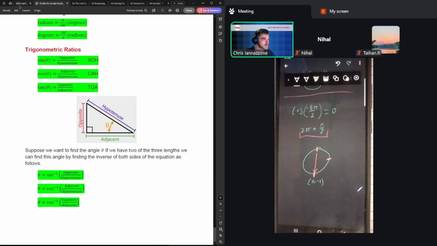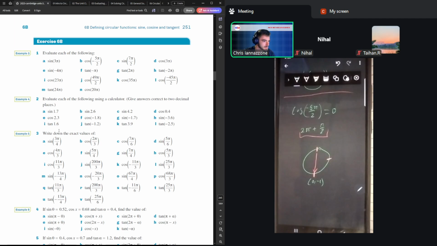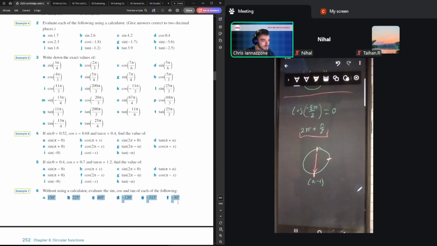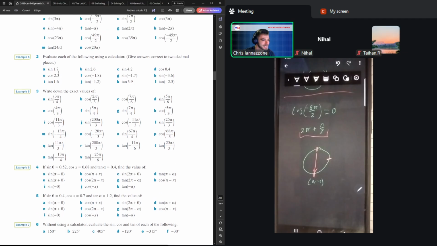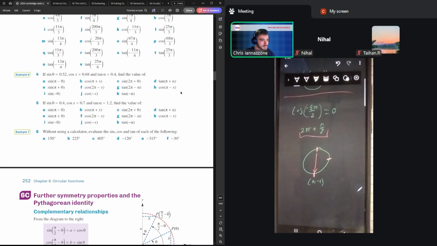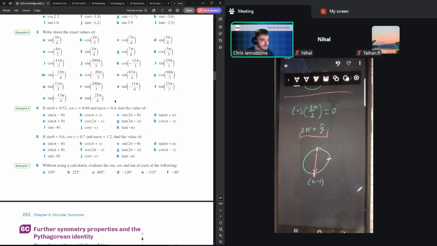Where's the book gone? There we go. Yeah, it's shoehorned in right at the very end. And they're like, yep, that's where degrees is going. These are not degrees because there's no degree symbol in any of them. It's still radians. So less important. If you're doing this for the first time, focus on the radian stuff specifically.